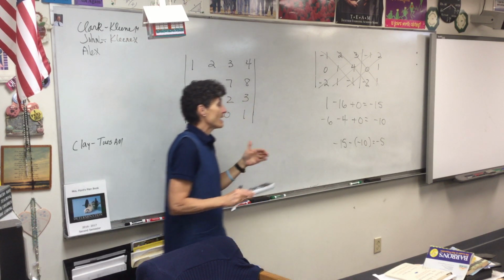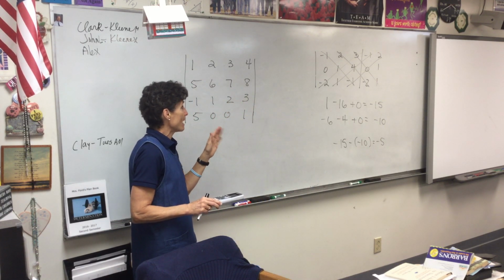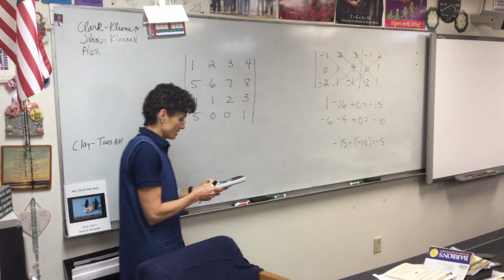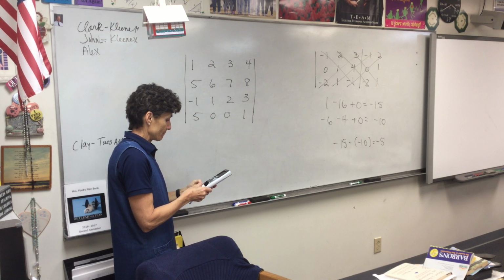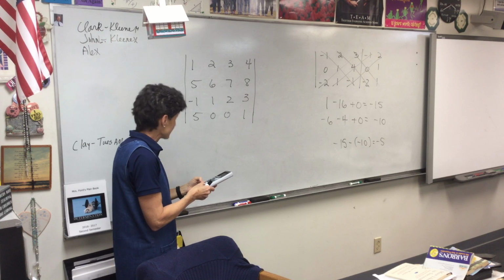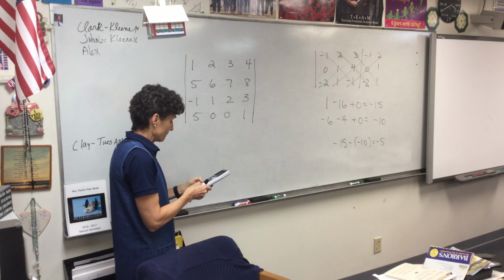Okay? Now again, if you already have numbers there, it doesn't matter. Just type in your new numbers. So just put them in. It's just going to replace anything that maybe was already in there.